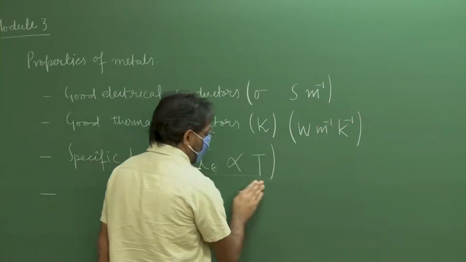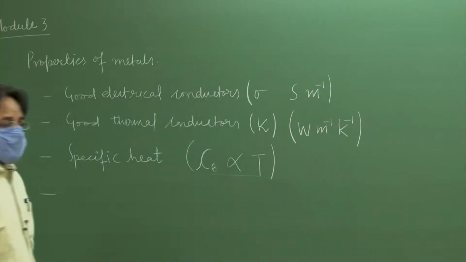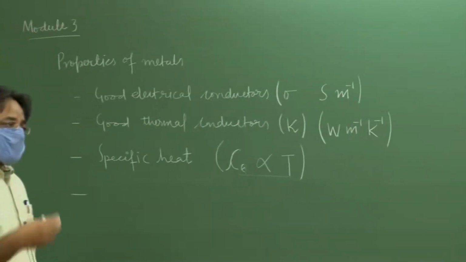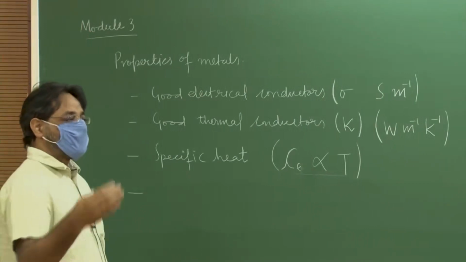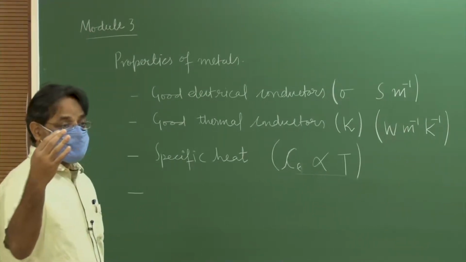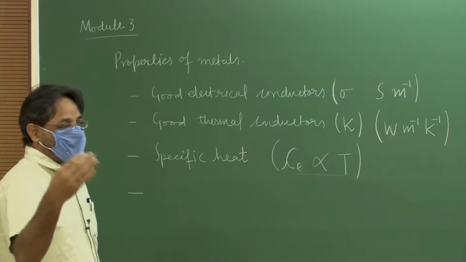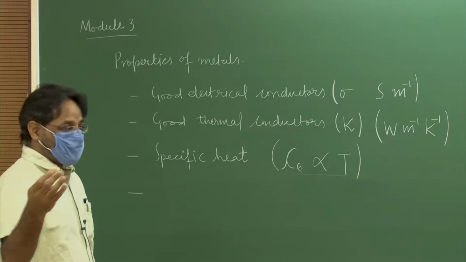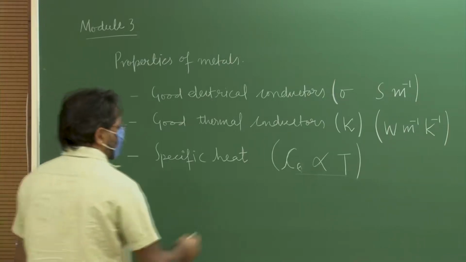There was this Wiedemann and friends, and what they did was measure the thermal conductivity and electrical conductivity of lots of metals in the 1870s, much before we started thinking about the theory of metals.